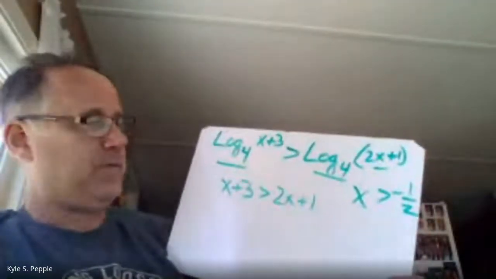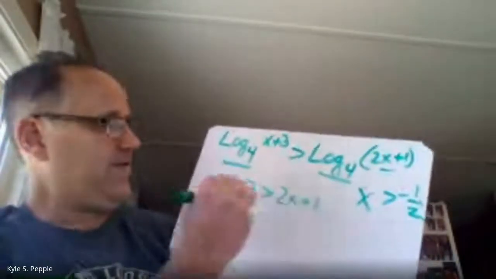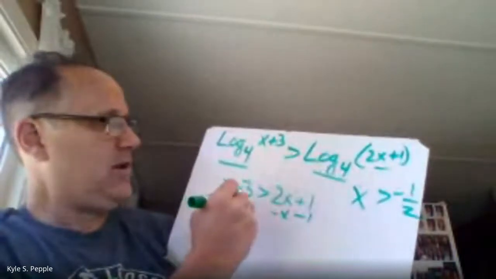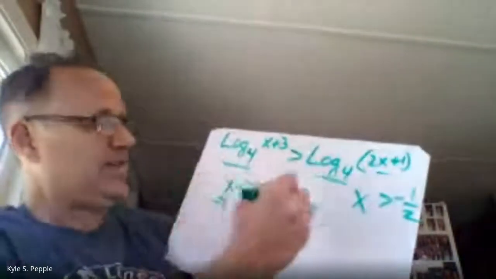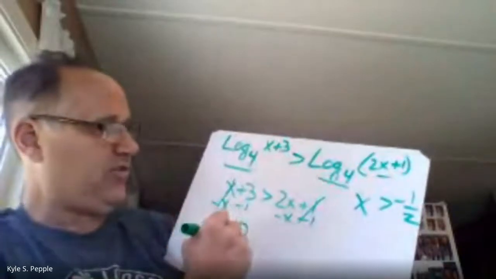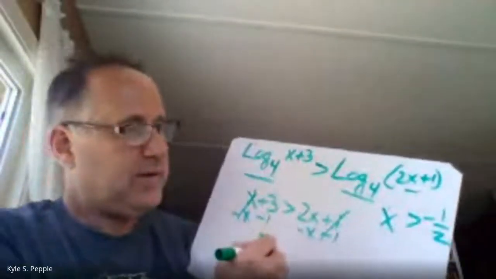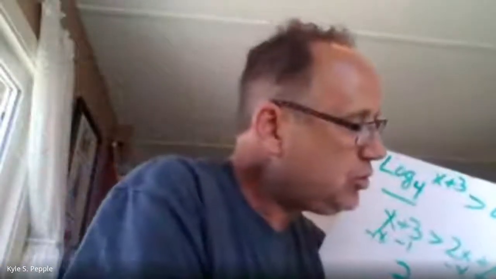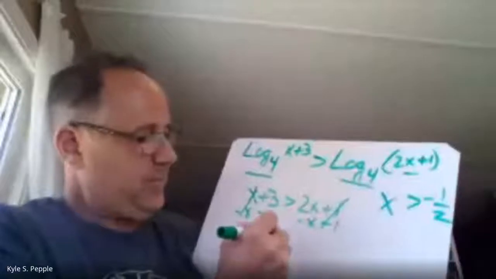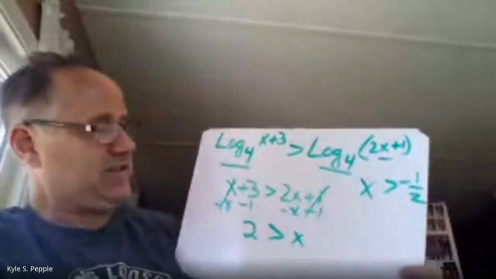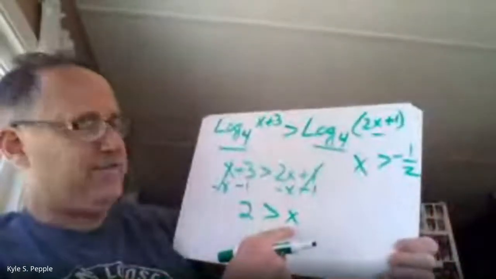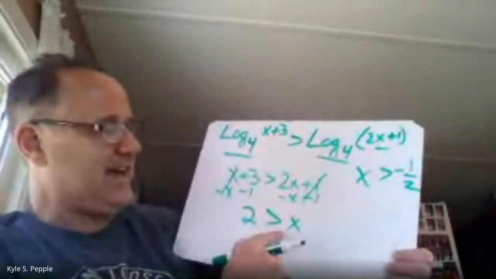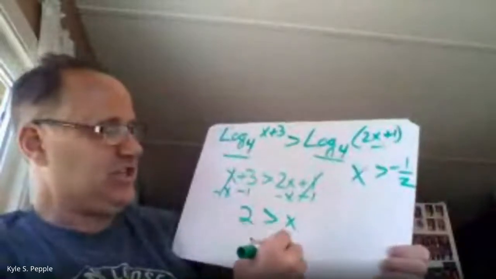Okay, so now we have subtract x, subtract 1, cancel, cancel. 3 minus 1 is 2. Greater than x, okay? So here we have x needs to be less than 2. And we can rewrite this as x less than 2.